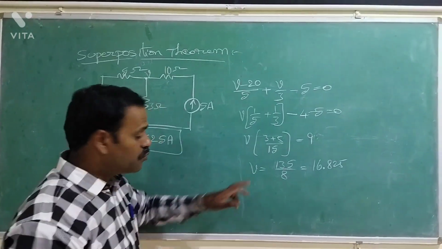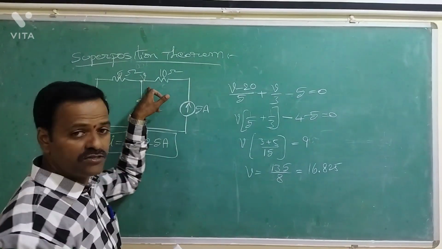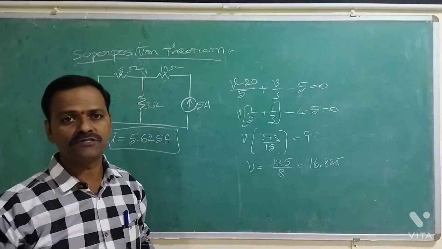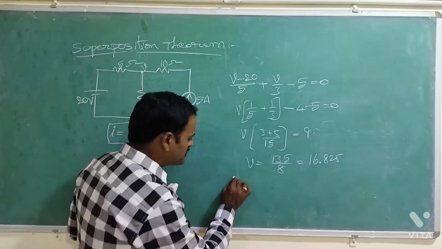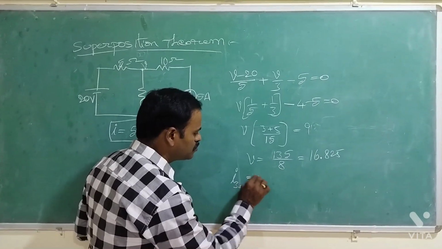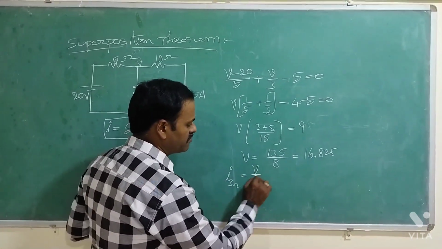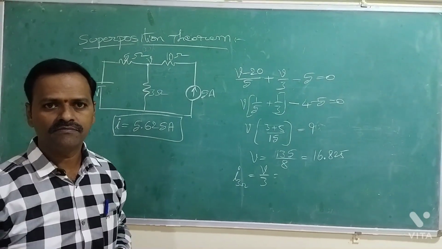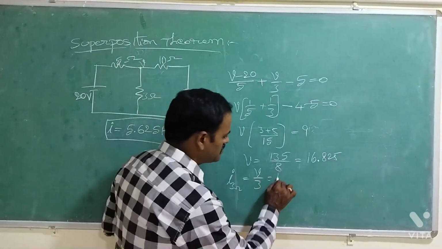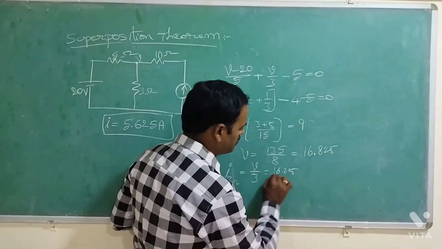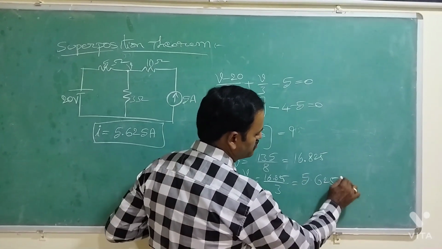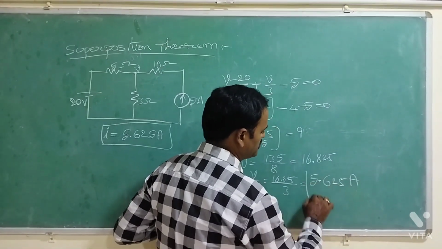Then we got the voltage at this node. Now we need to find the current flowing through this 3 ohms. That can be obtained by I through 3 ohms is equal to V by 3, that is 16.825 by 3, which is equal to 5.625 amperes.